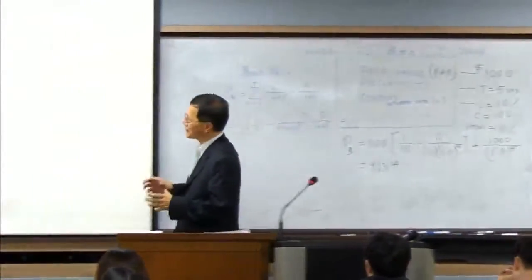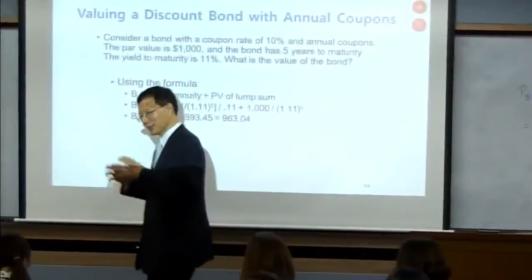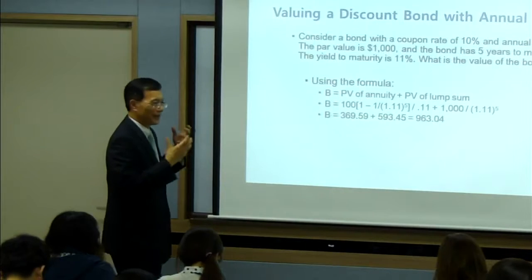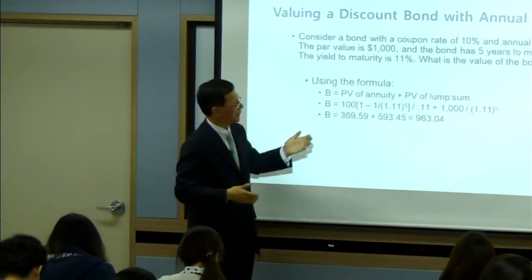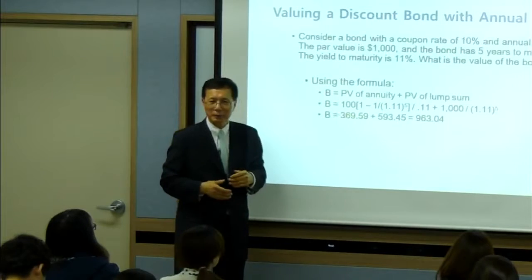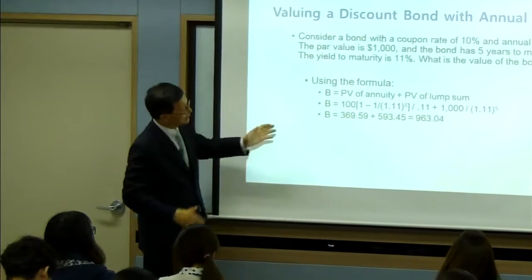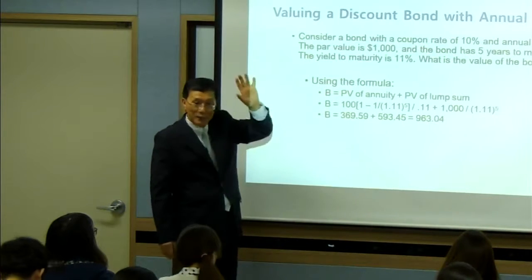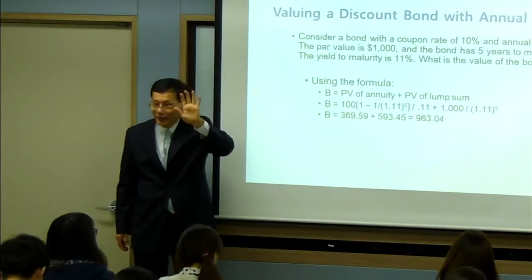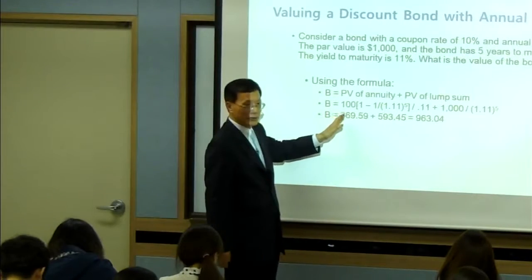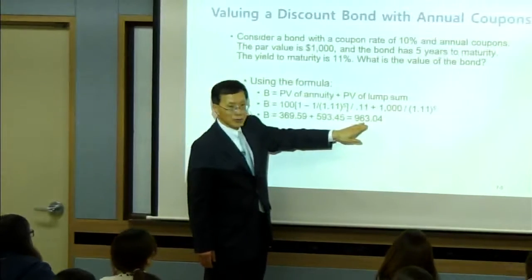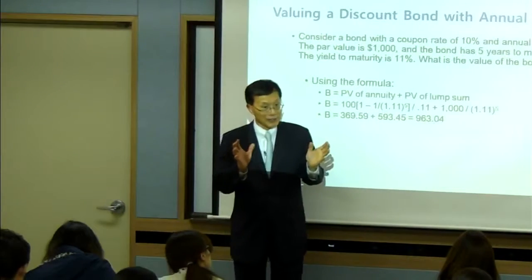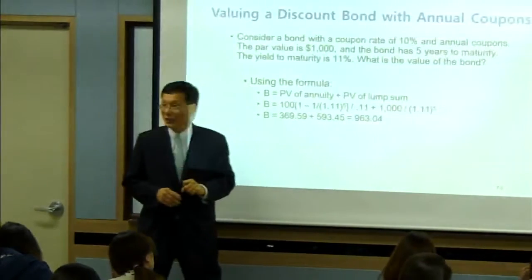Now, it's time to look at the formula very, very closely and see if you can get some feel for the bond pricing. This investor is investing in this 5-year bond for 5 years, and he or she is going to pay 963.04 to buy one bond. Let's say $963.